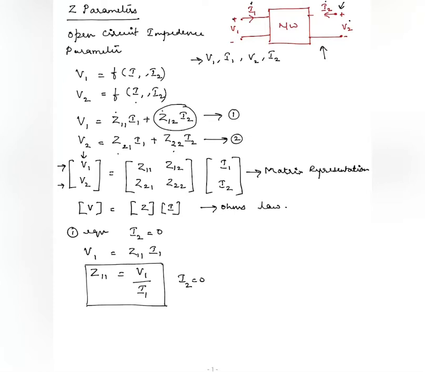So when you open circuit the output, the parameter you get is Z11. Z11 is called the open circuit driving point input impedance.